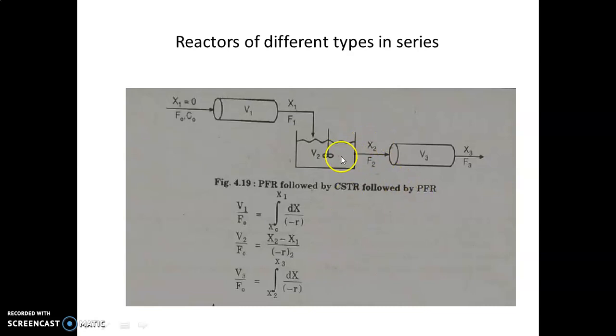And again this stream is fed to the third reactor, which is the plug flow reactor. So again the equation becomes V3 divided by F0 equals the integral from x2 to x3 of dx upon minus r. These are the performance equations for these three reactors.